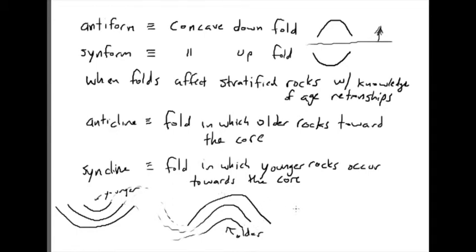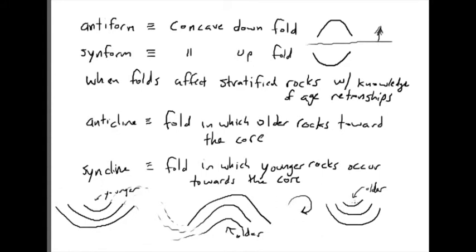Sometimes, if you took this and flipped it over, you could have a fold that was an antiform. Let's point out that older is still in the middle. So we just took this, rotated 180 degrees, flipped it upside down.